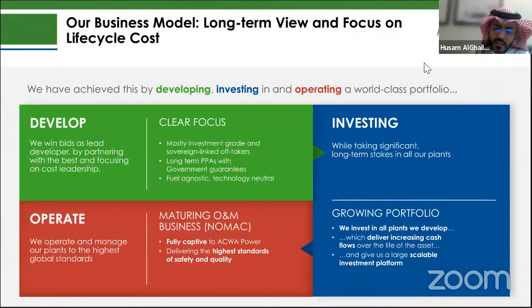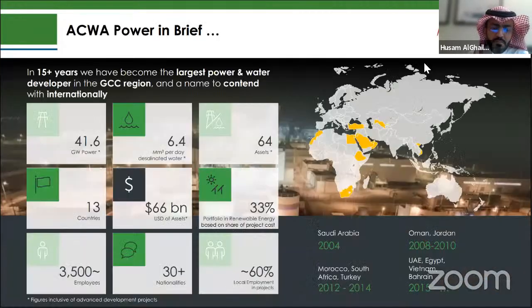My session today is, for those who do not know Aquabor, Aquabor is a developer, owner and operator. We started back in 2004 in Saudi Arabia, and we have expanded our footprint to now operating in 13 countries.